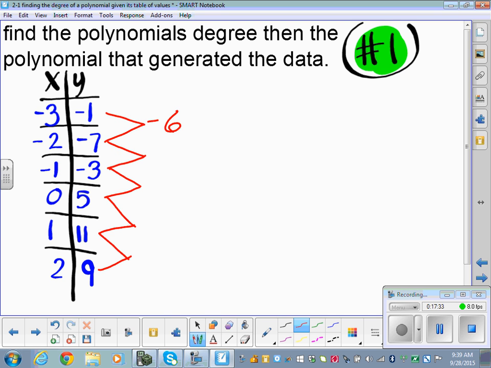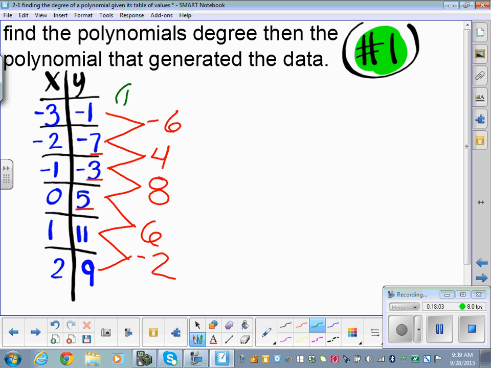Now we're going to do -3 minus -7. 4. And then we're going to do 5 minus -3. 8. Very good. Now we're going to do 11 minus 5. And 9 minus 11. -2. Questions?